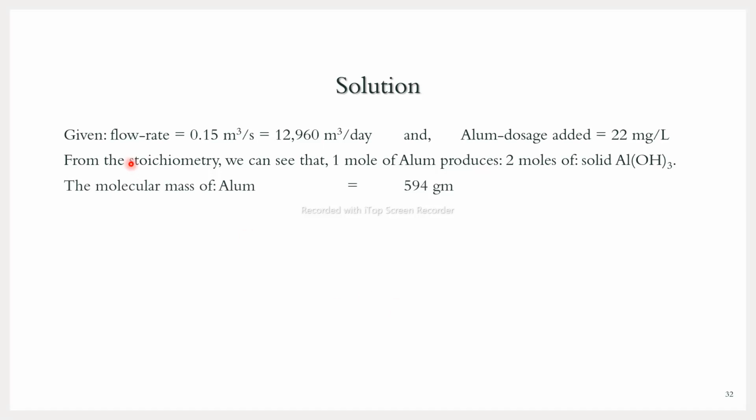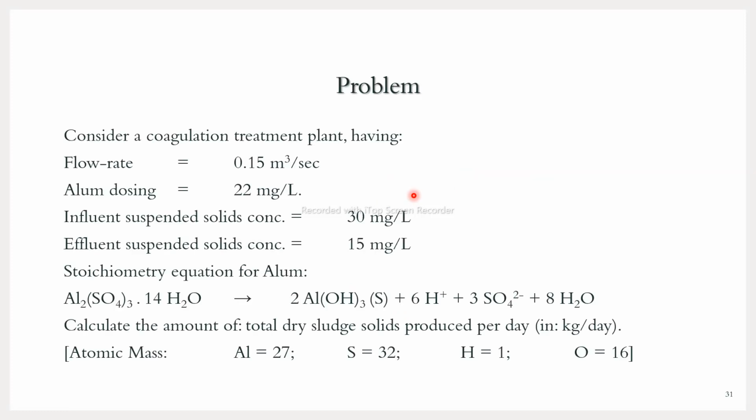So the molecular mass of alum is 594 gram. How did we come to this 594? It is 27 plus oxygen 16 plus 1 is 17, into 3.